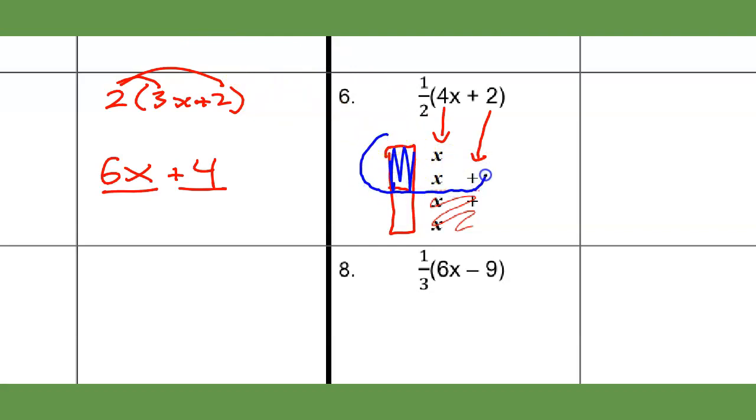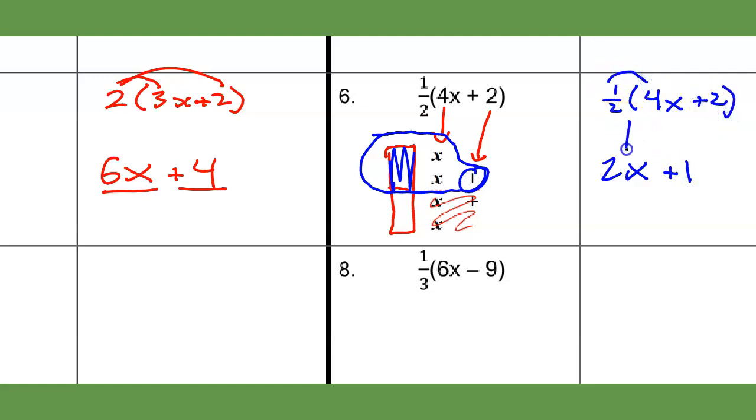And that's where we can see if we take half of it, we have 2 x's and 1 positive. Hence, half of 4 does equal 2x. Half of 2 does equal 1. So they should be equal in the pictures and equal in the algebra when we're multiplying. Should be getting the same answers both ways.